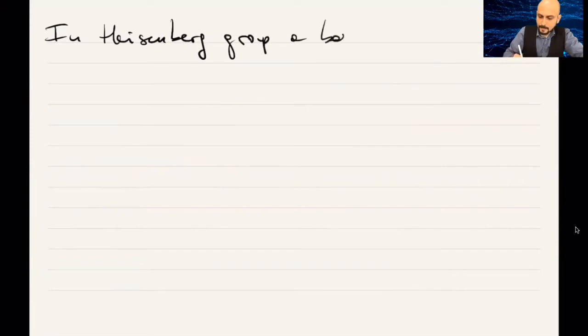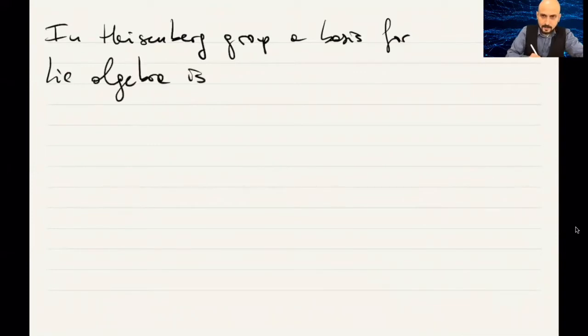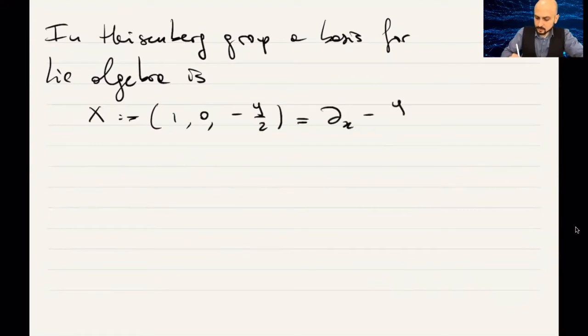So in the Heisenberg group, a basis for the algebra is, okay, we have X, which is (1, 0, minus y over 2), which as a derivation you can write as dx minus y over 2 dt, using coordinates x, y, t.